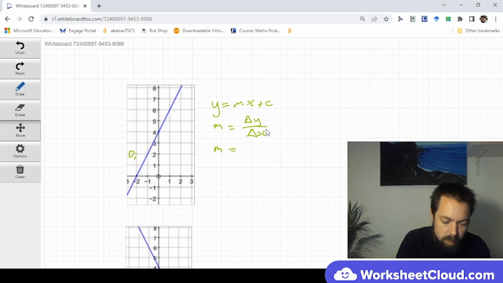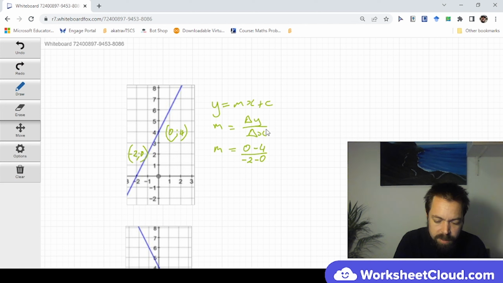So 0 minus, this point is minus 2, 0. And this point is 0, 4. Remember, because it's the xy coordinate. If I'm working from the left to the right, I'm looking at the y coordinate, so it's 0 minus 4, and at the bottom it is minus 2 minus 0.